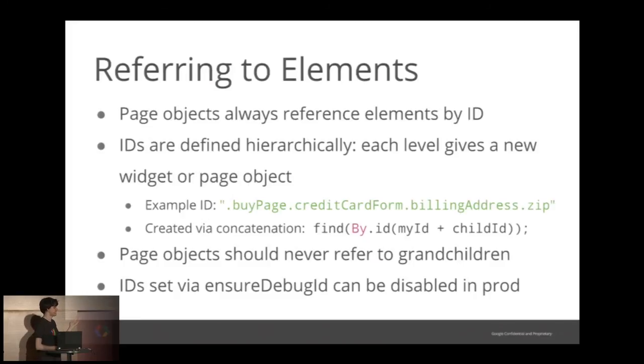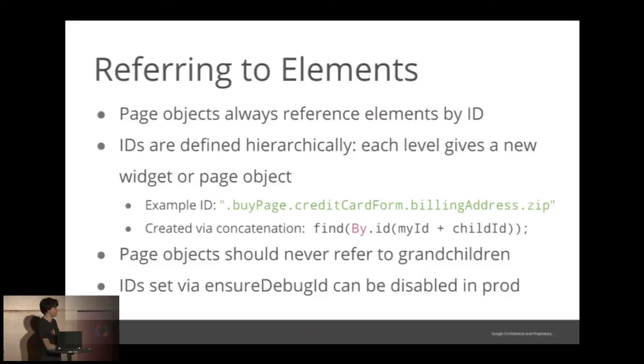But if I'm using this strategy, then my second form, if it's called shipping address, and it was otherwise in the same place, then the zip field there would end up being bypage.creditcardform.shippingaddress.zip. So the particular structure there doesn't matter as long as it's unique. And using this strategy also makes it easy to index into these IDs and figure out what the IDs of your children are just by doing this concatenation.